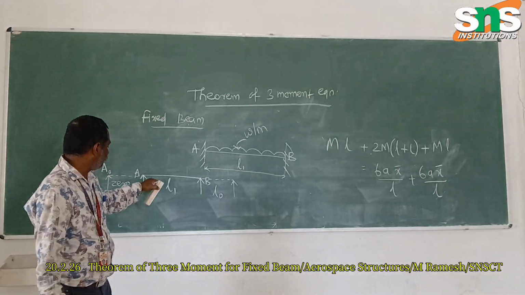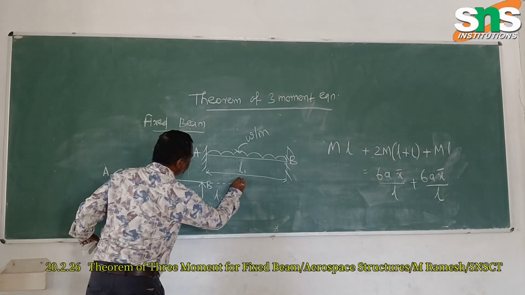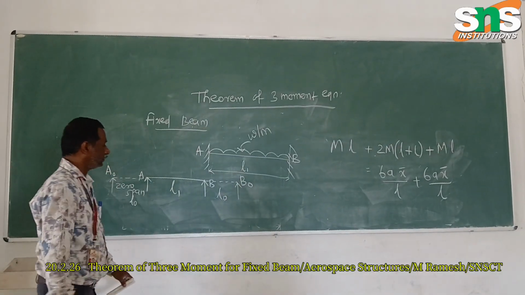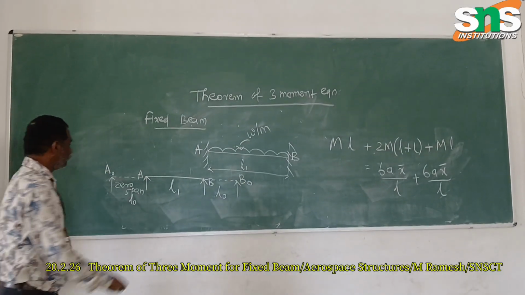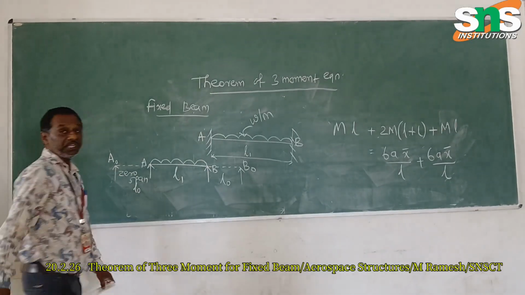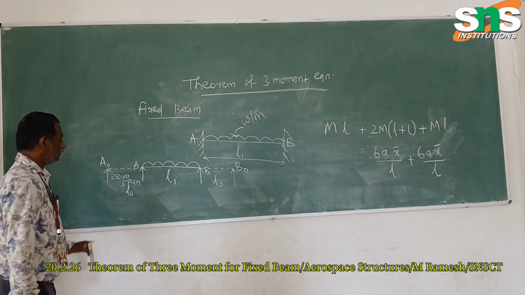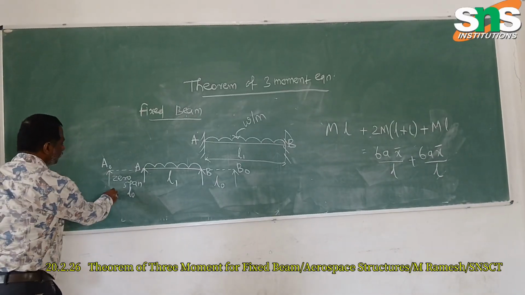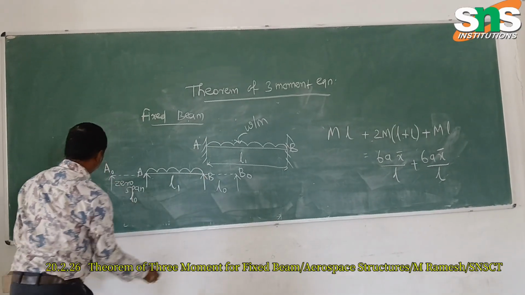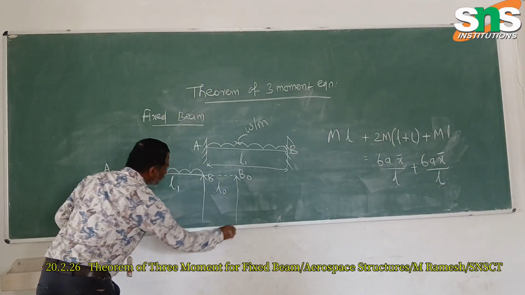So here is the approach. I take this as B0, and it carries the UDL. First consider A0, A and B, and segregate the things.